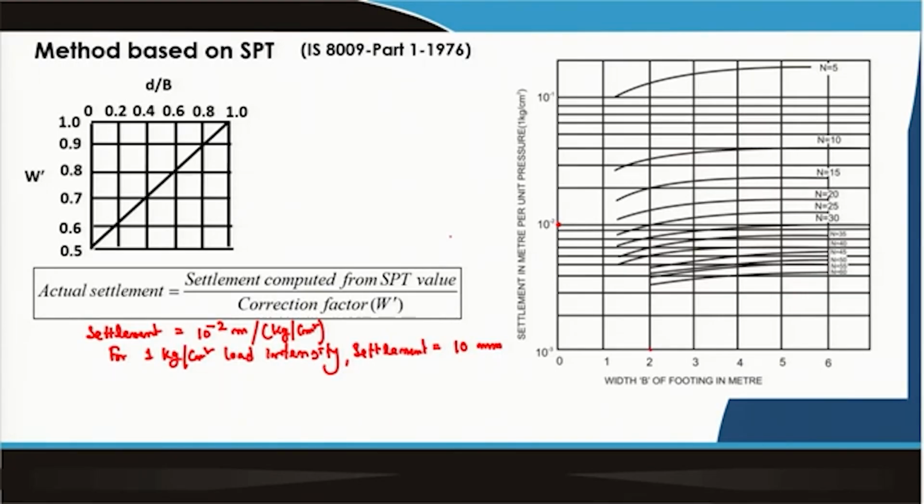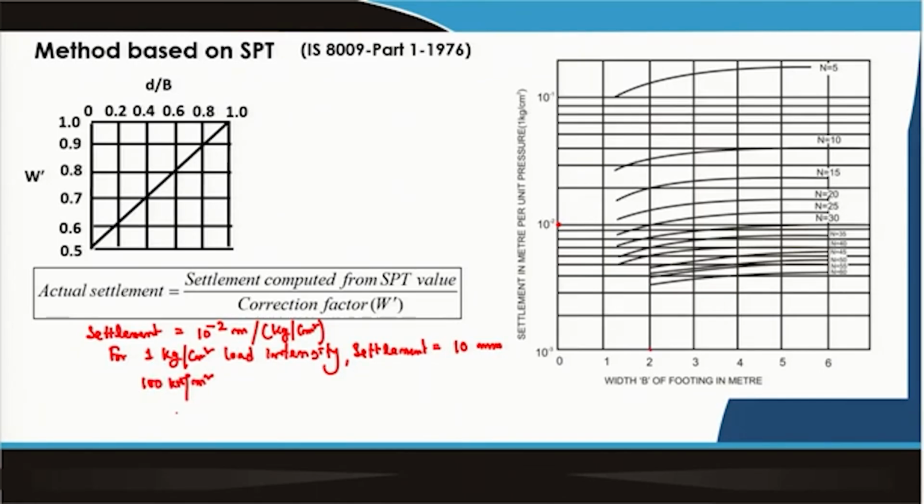So, here also, for 1 kg per centimeter square, this 1 kg per centimeter square is actually 100 kilonewton per meter square.